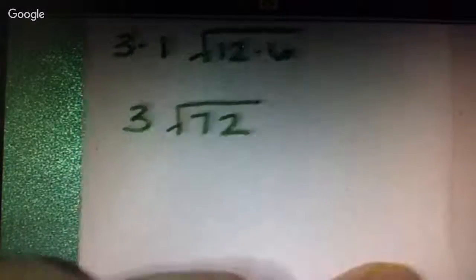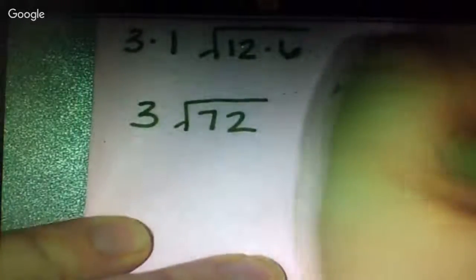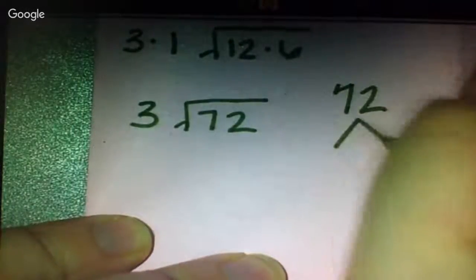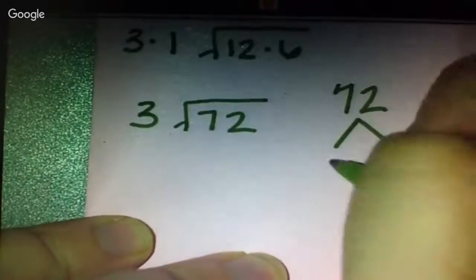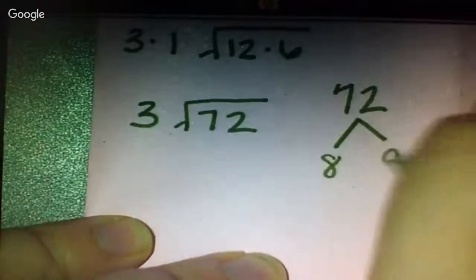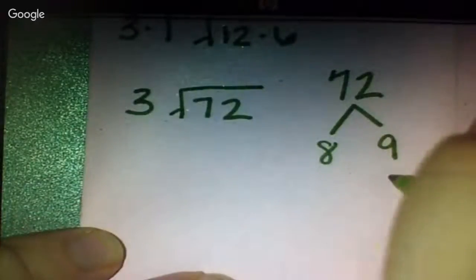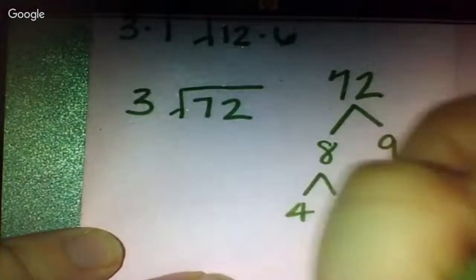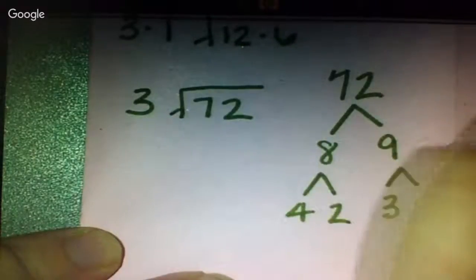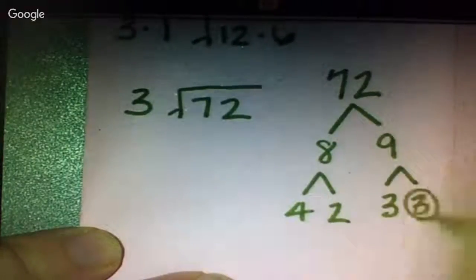Okay. So now let's simplify. 72 breaks down into 8 and 9, which is what I heard first, so we're going to go with that. 8 breaks into 4 and 2, and 9 into 3 and 3. If you do it the other way, just do it the other way.